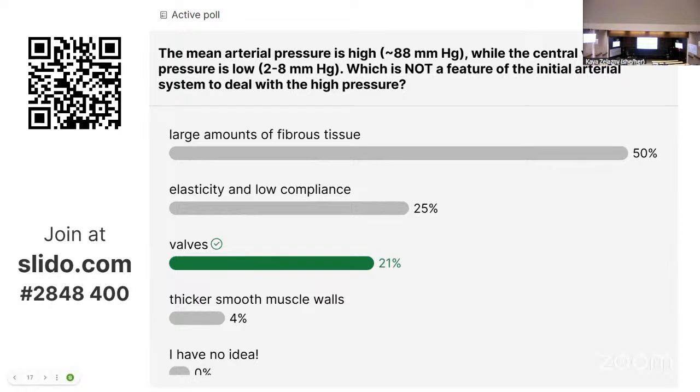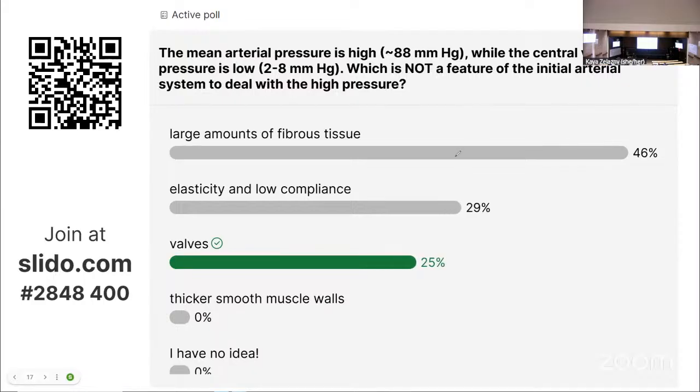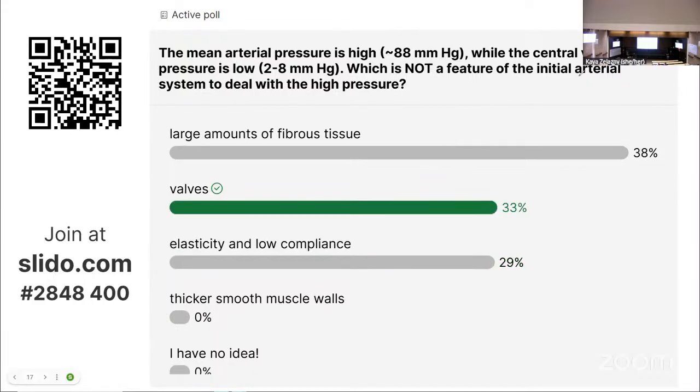Okay, let's take a look. This is a question from your book. I'm not totally in love with this question either, but let's walk through it anyway for a second. So what we're looking at here, the point, is our arteries are dealing with this high pressure, right? So they have features of the walls that help them hold that pressure easily, right?